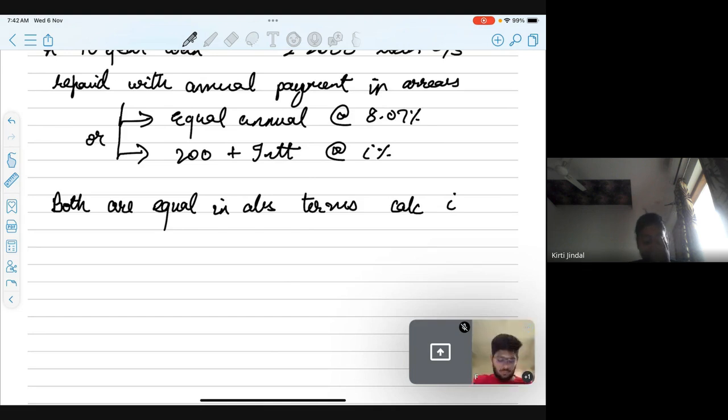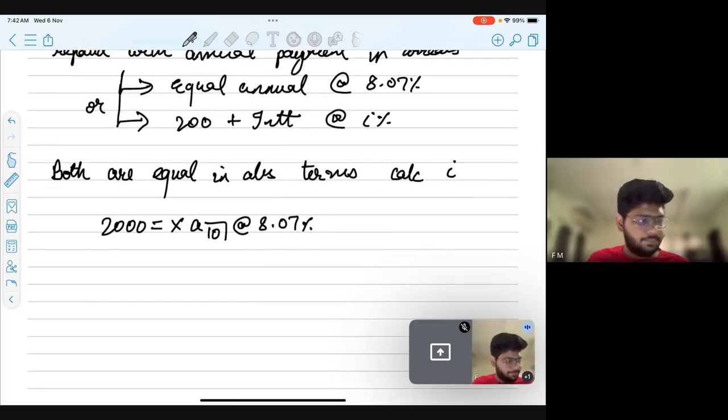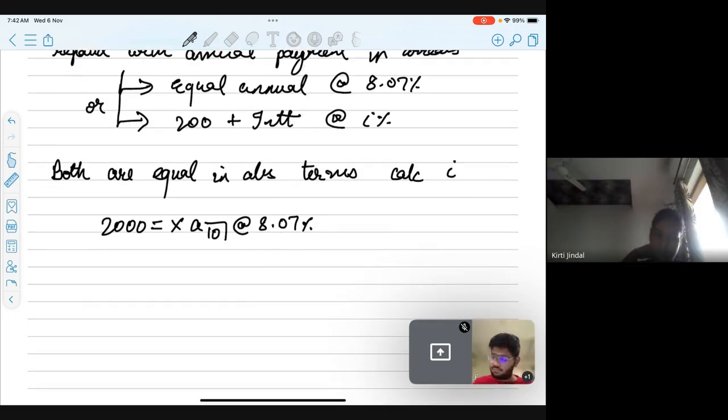First equation will be 2000 equals x a-angle-10 at the rate 8.07. The other equation is installments of 200 each year plus interest on the unpaid balance.